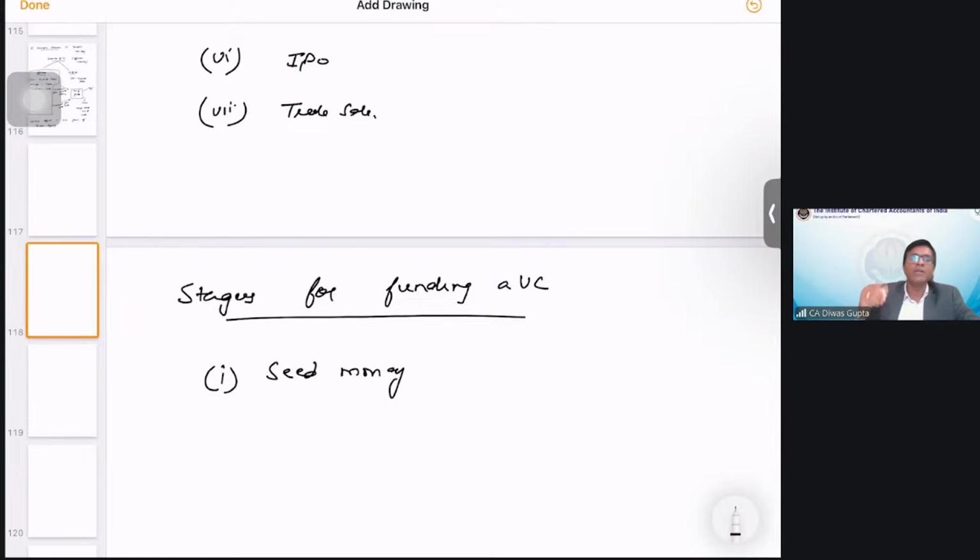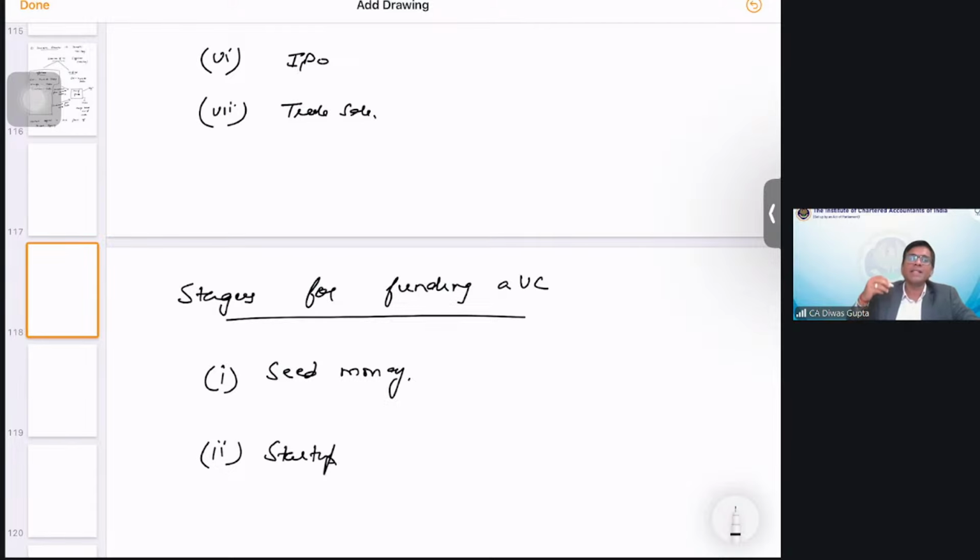Okay, so seed money is the level at which you just need to fund a new idea. That low level of funding is called seed money. Then startup.